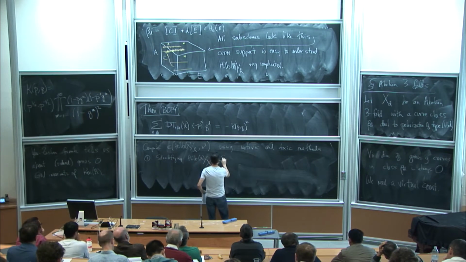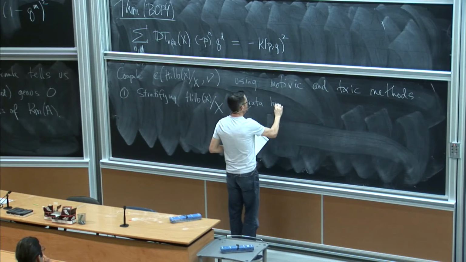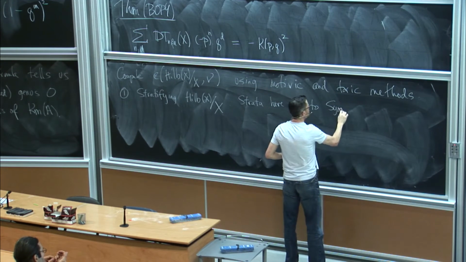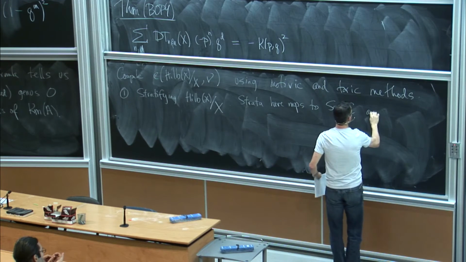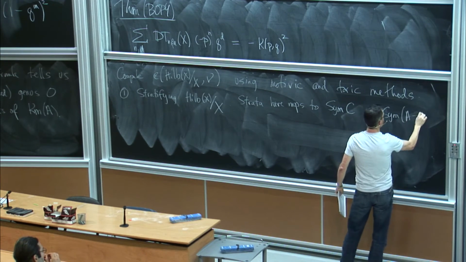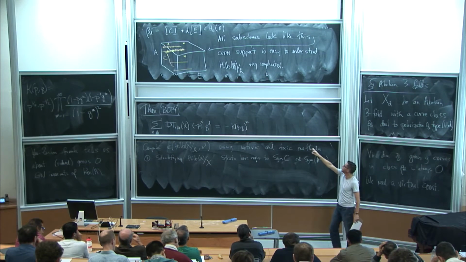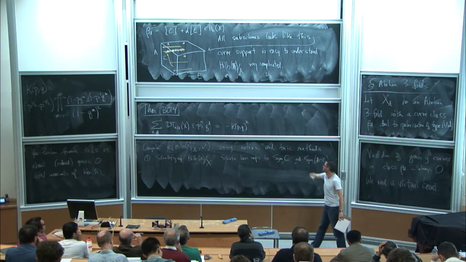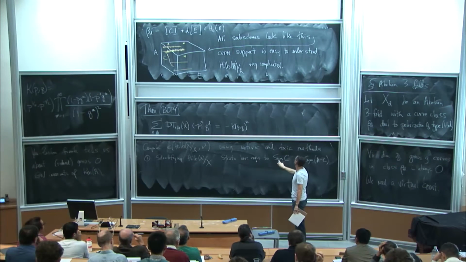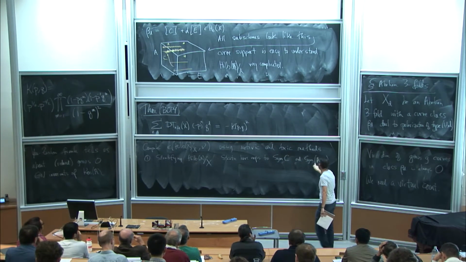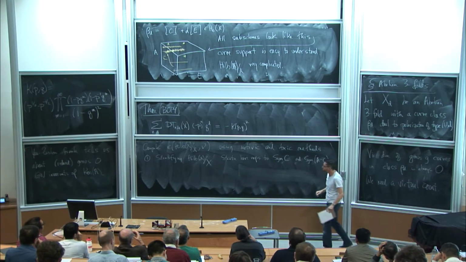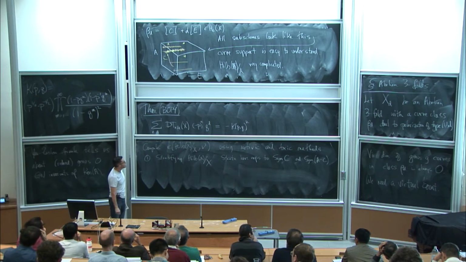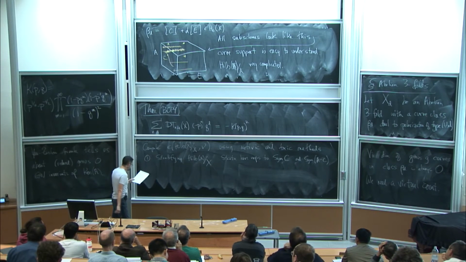The various strata have maps to symmetric products of this one curve C and Sym of A minus C. For example, if I stratify by the location and multiplicities of those horizontal pieces, those strata give me maps to the symmetric product on the curve for those things that are attached to the curve, and the symmetric product of A minus C. The other parts I'm going to compute separately.